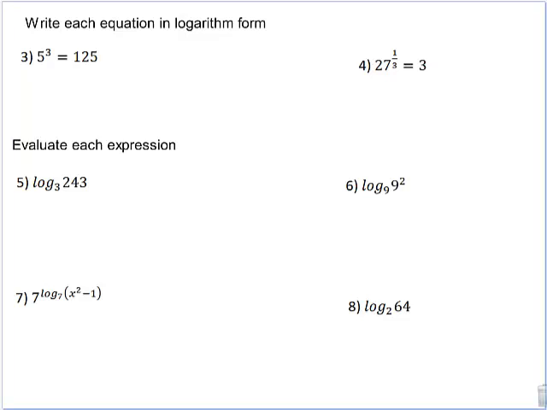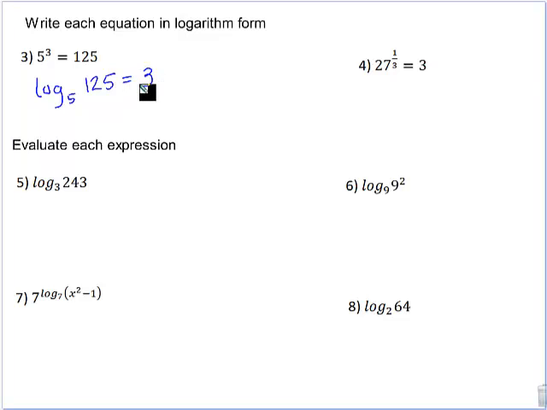So we're going to start off with log, and then what should the base number be? What's our base number? 5. So we're going to put a little 5 below. Yep, log base 5 of 125 is equal to 3.